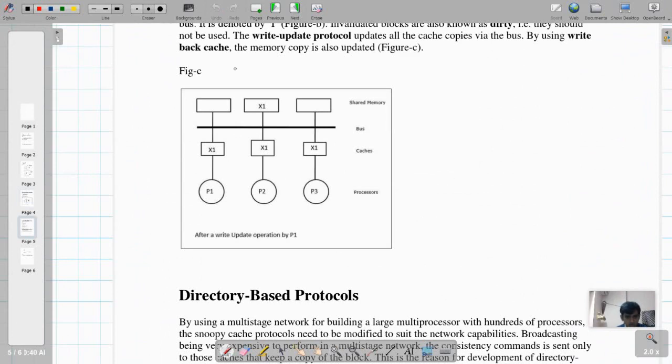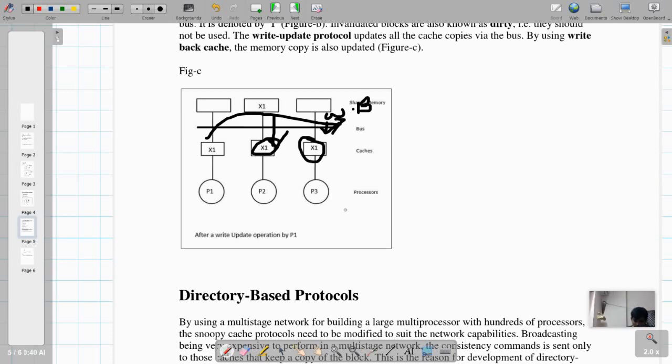After the invalidate message has been acknowledged, processor P1 sends a write update or write broadcast message to the shared bus, and again this write broadcast message is captured by the two other processors, and their cached values have been updated with the new value.